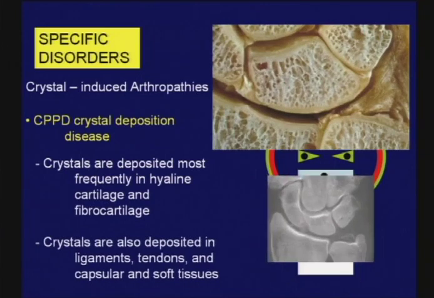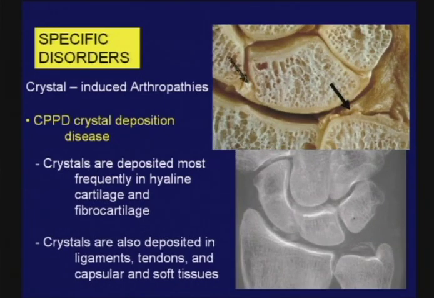But these crystals are not isolated to cartilage, and they occur in other structures, and I would remind you of that with this simple case in a cadaver that shows that the crystals occur not only in fibrocartilage, shown here and here, but they occur also in hyaline cartilage and in ligaments.